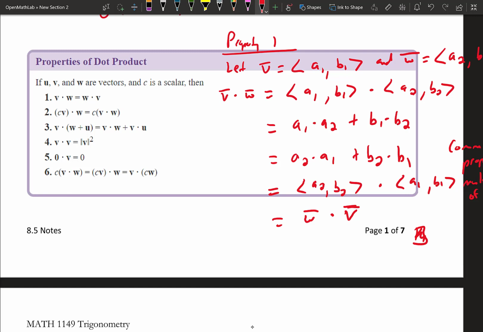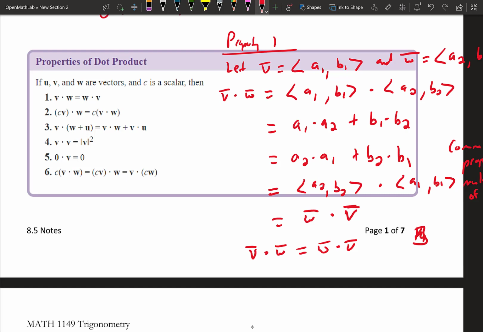So in other words, the dot product is commutative, is what this is showing us. Right, so this has commutativity for number 1. Number 2, it's showing us that the dot product has associativity with a scalar. And then number 3, you can see what that's showing us is the dot product has a distributive property.